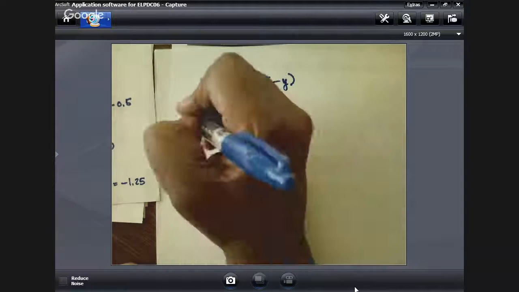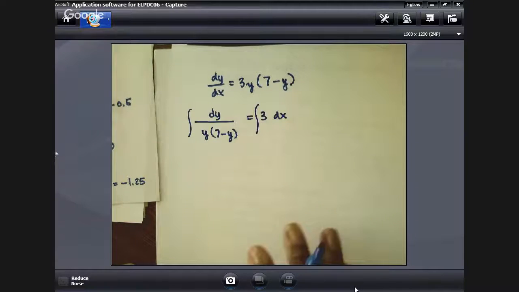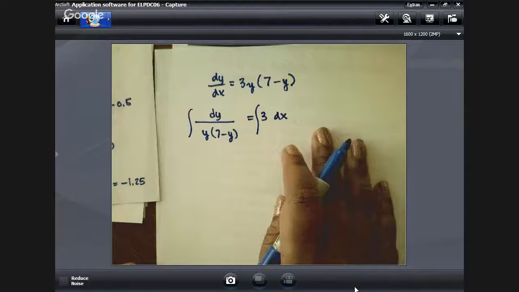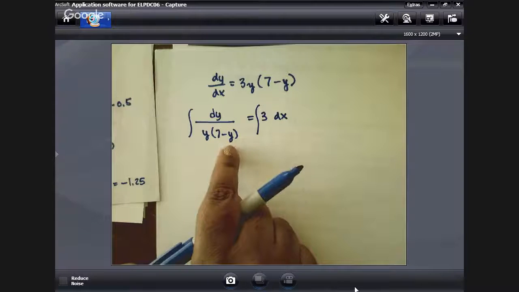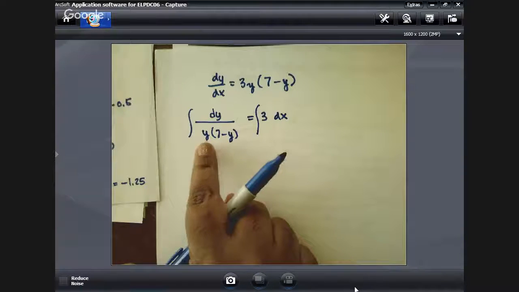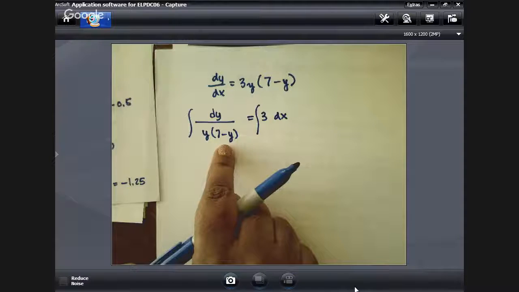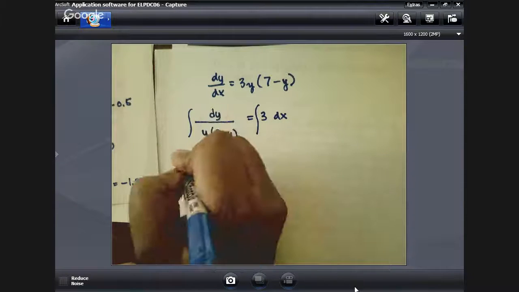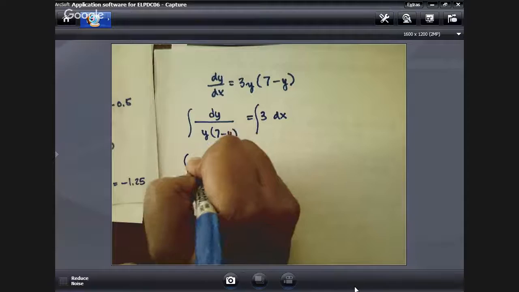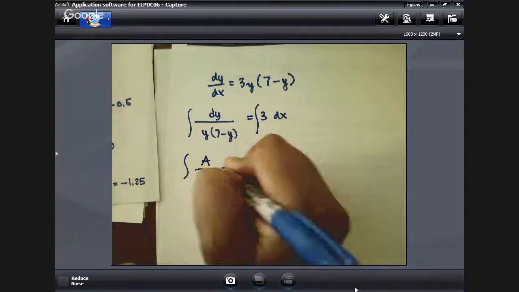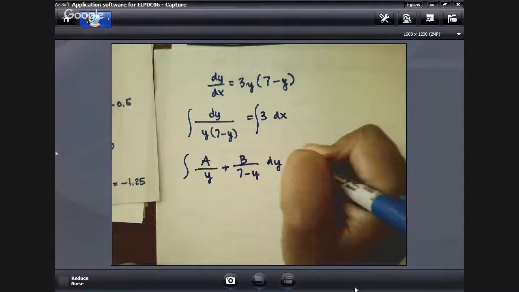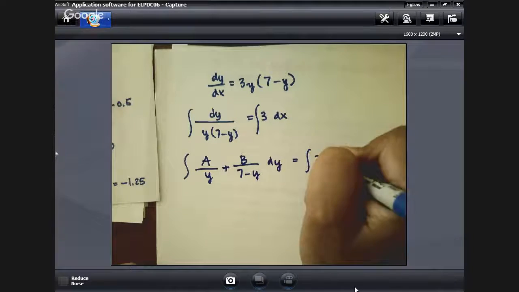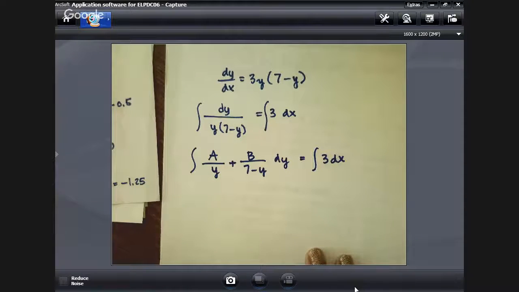When you integrate both sides, we know what happens over here; that's just a constant. But the other side is the product of two monomial factors, so we're going to do integration using partial fractions.